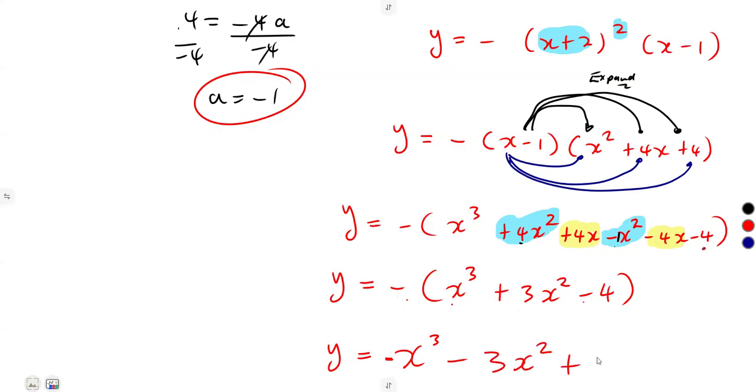Negative and -4 is going to give us what? A positive 4 at the end. So we have our equation actually of the given cubic function in expanded format. So we can even leave our answer like this, all right?